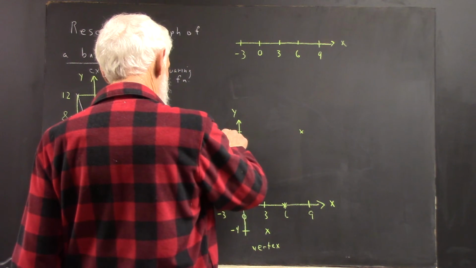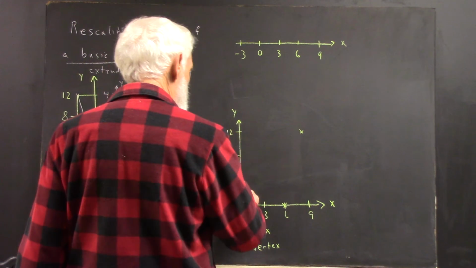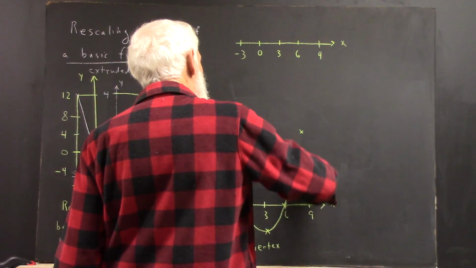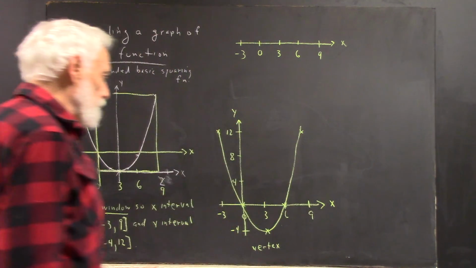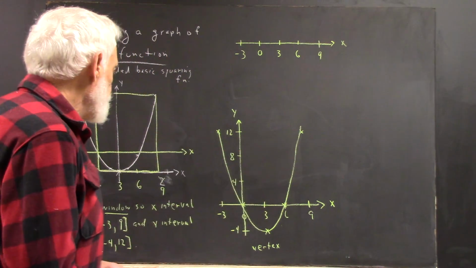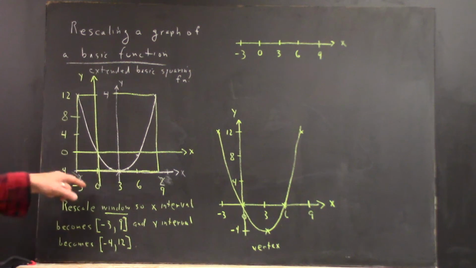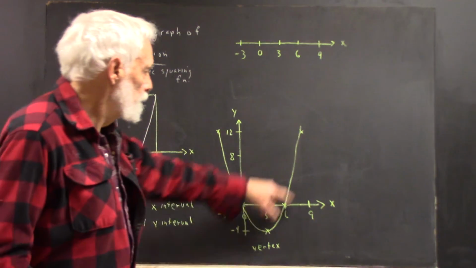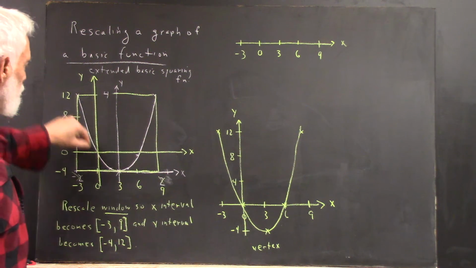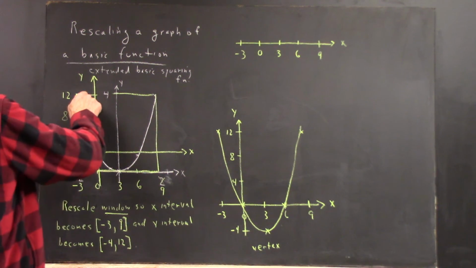And now I can sketch a curve. Not the best parabola, kind of missed the vertex, but you have the idea. Okay, so within this system, this graph appears where this graph was.